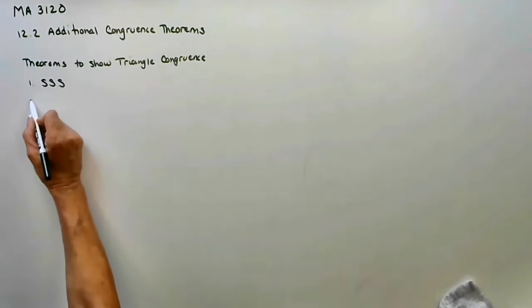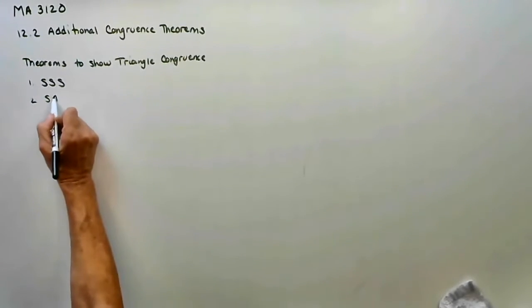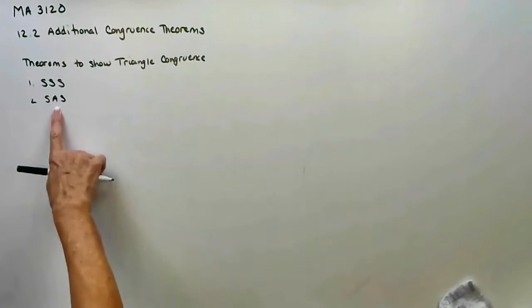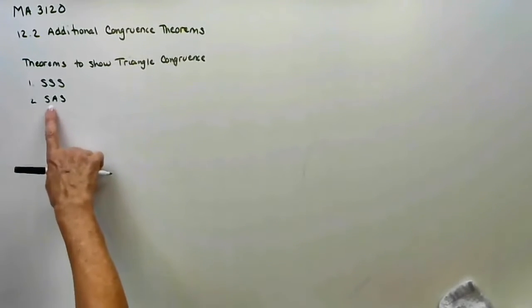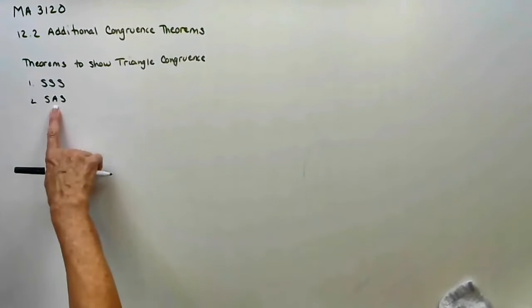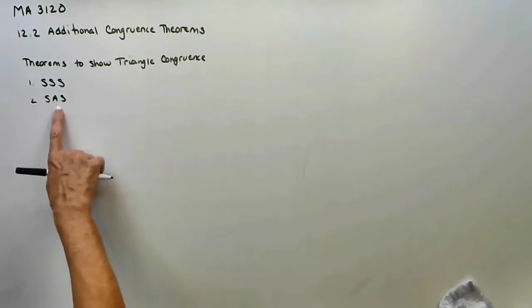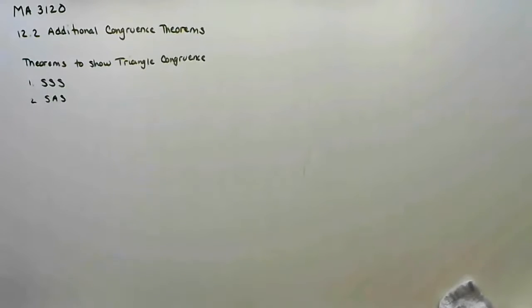Then we also had side angle side congruence, which said if I give you two triangles, and if two sides and an included angle of one triangle are congruent to the corresponding two sides and included angle of another triangle, respectively, then the two triangles are congruent.